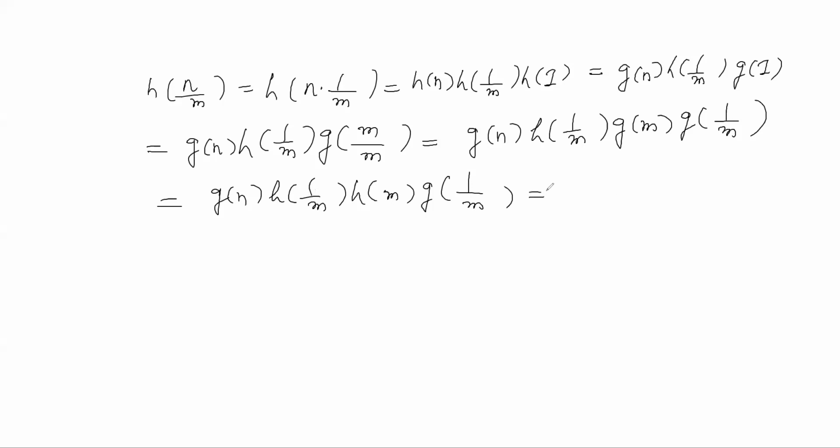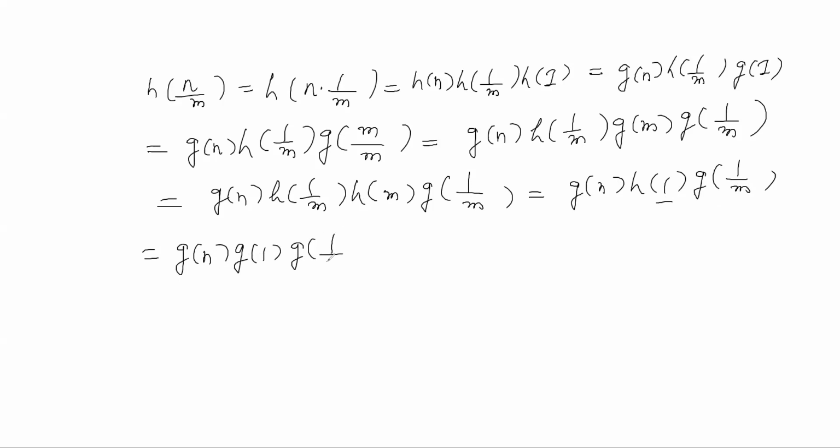So this is G of n, H of 1, H of 1, G of 1 by m. Now H of 1 is the same as G of 1. So it is equal to G of n, G of 1, G of 1 by m.